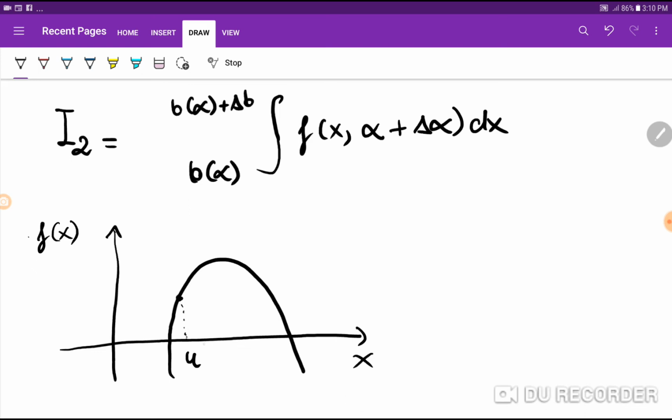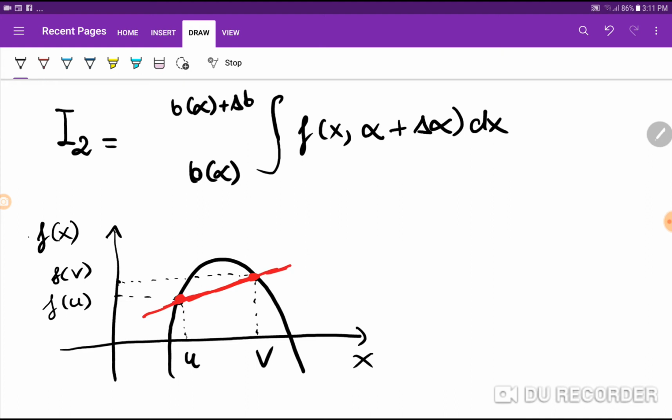I call this point U and this point V. With point U, you have f(U), and at point V, you have f(V). I'm going to connect the two points and you have the line.